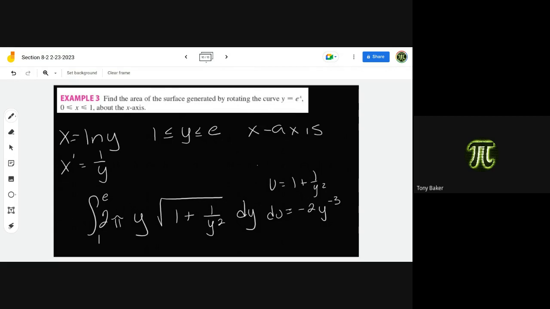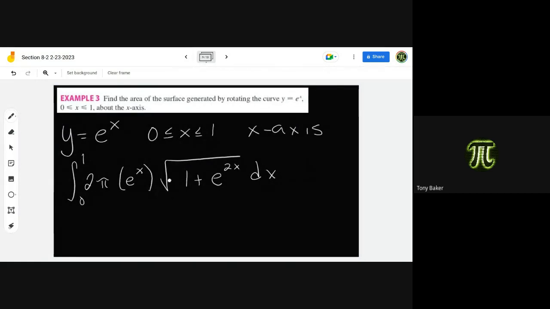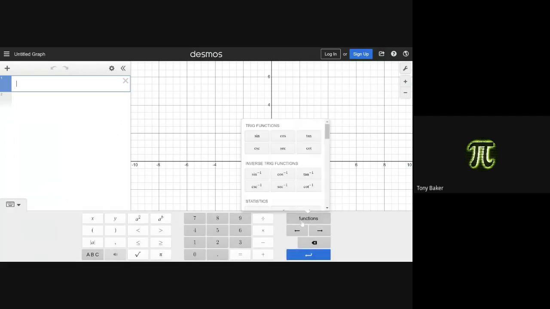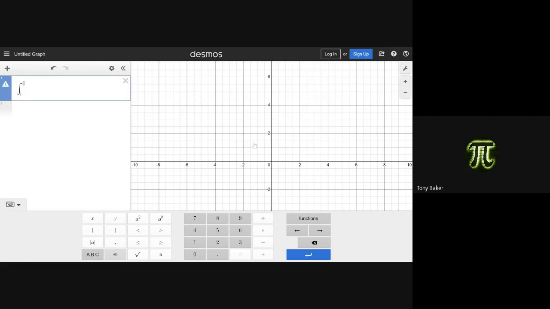But you can do definite integrals just like this on the Desmos graphing calculator. If you click the little piece down here and go to functions, there's the integral.